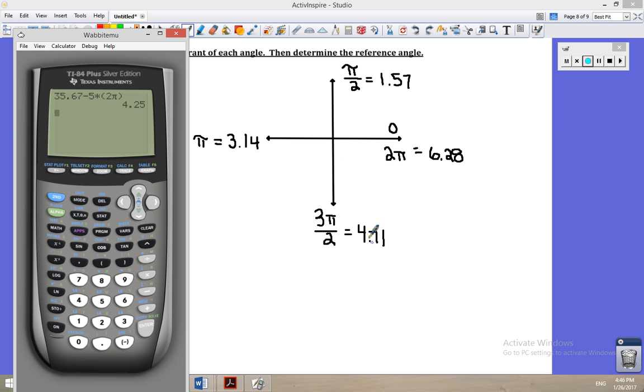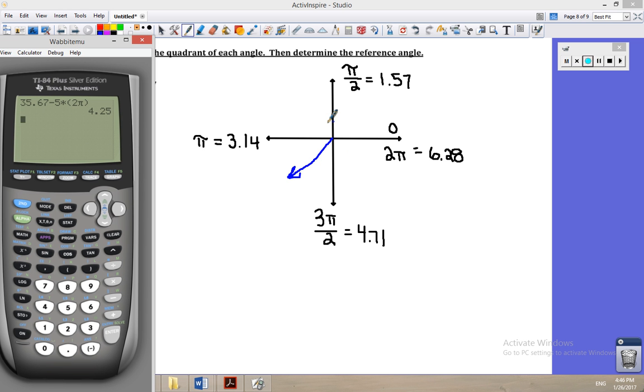Let's see where 4.25 lies. 4.25 is bigger than 3.14 but smaller than 4.71. So although you are wrapping around 5 times, this angle is coterminal. It has the same initial side and the same terminal side.